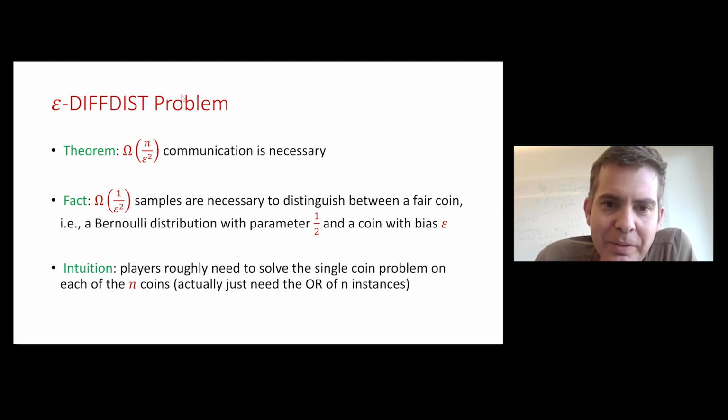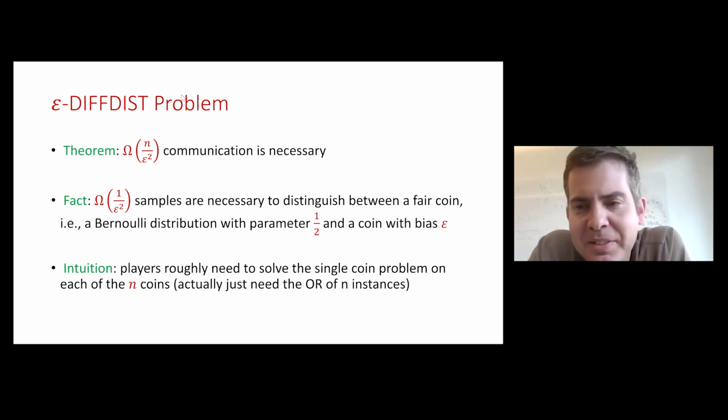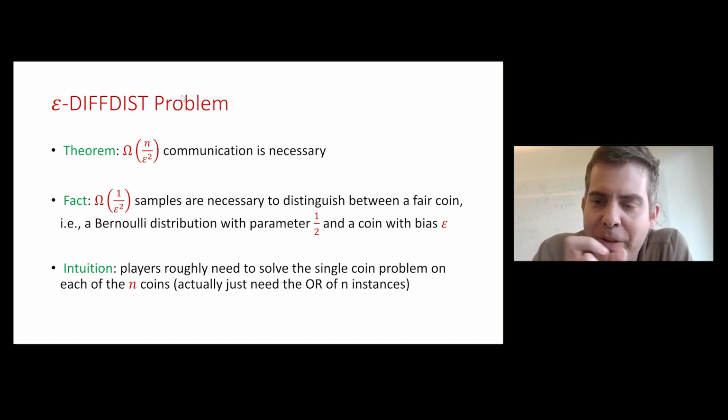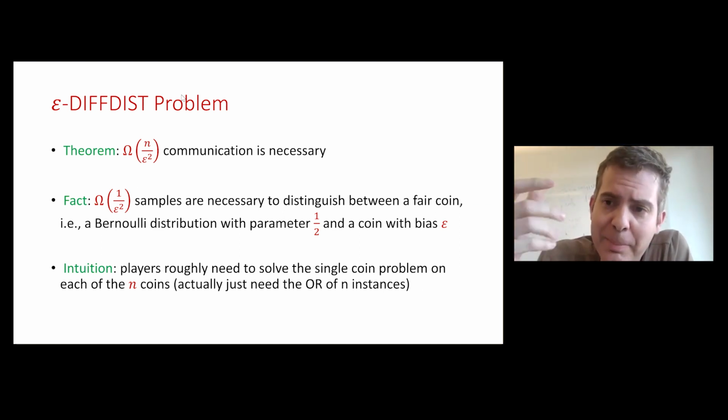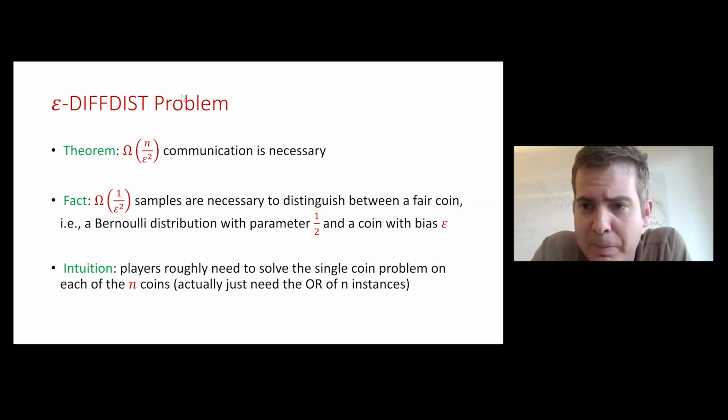There's a question from Arvind that is related. The fact is that you need 1/epsilon squared samples to distinguish bias 1/2 versus 1/2 plus epsilon. But if you're distinguishing bias 0 versus epsilon, then you only need 1/epsilon, as Arvind pointed out.